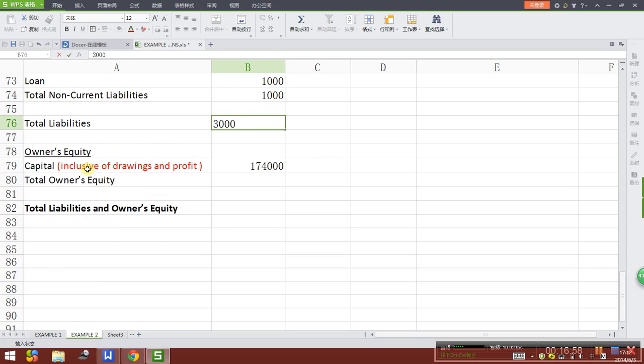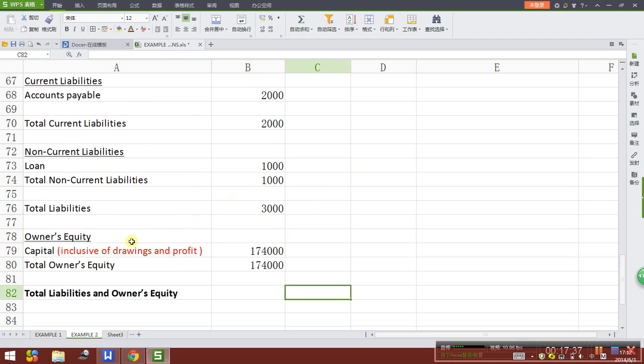The drawing is from the trial balance. So the total figure is, this figure is capital in trial balance minus the drawing from trial balance and plus the net profit in income statement. This figure 874.